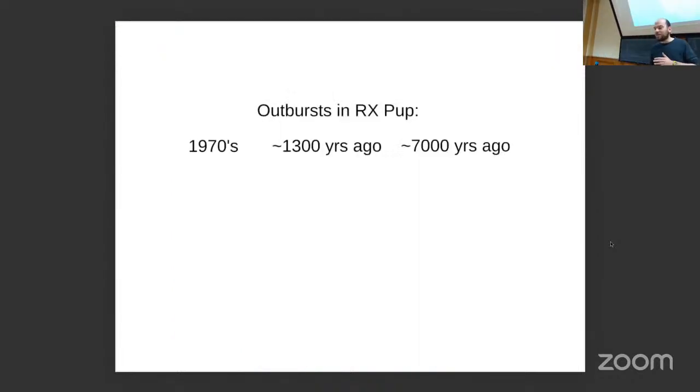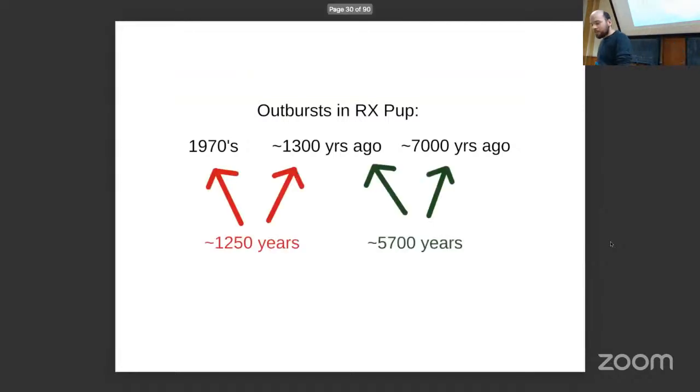So it turns out we had 3 recorded outbursts, if we assume the shells are from previous nova explosions: in the 1970s, 1300 years ago, and 7,000 years ago. So this needs the recurrence time to change from 1200 years to 6,000 years roughly. And this is a very large difference, right? So there are 3 ways to change the nova recurrence time.